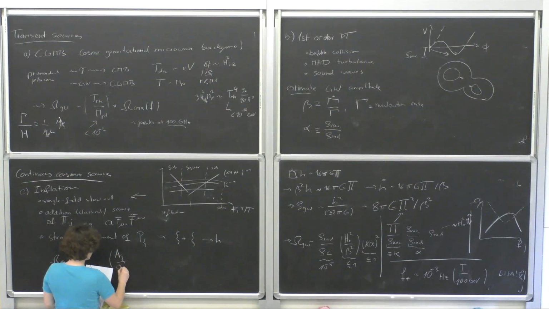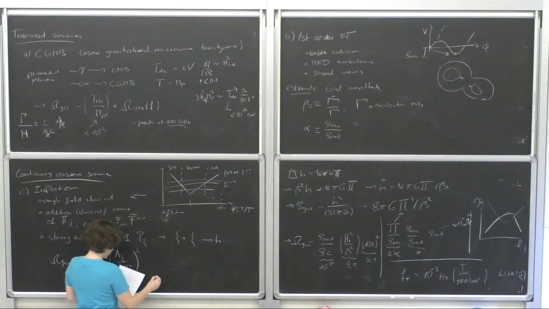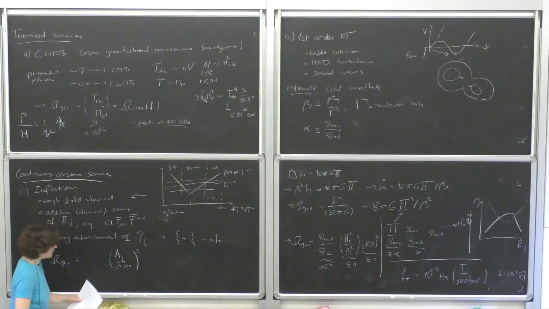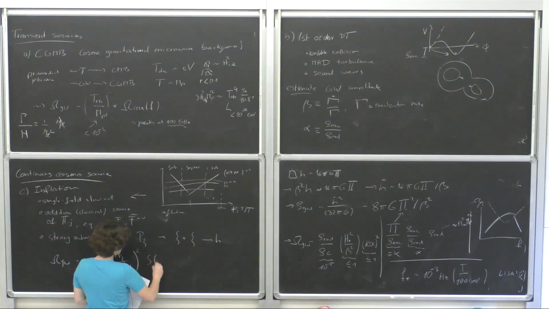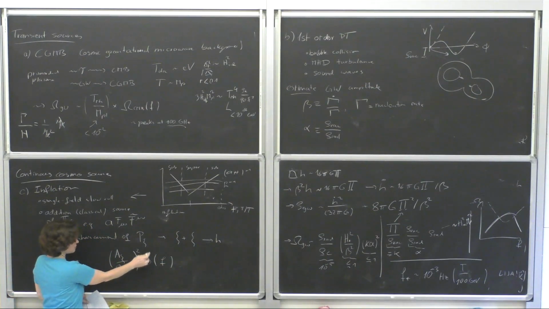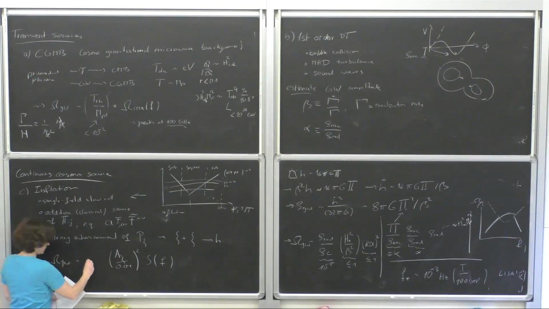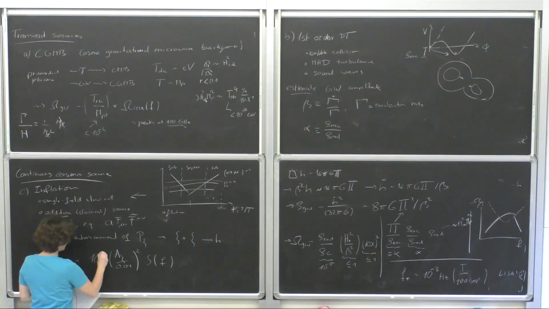So say you have an amplitude of 10 to minus 2, and you have some shape function which describes the shape of the scalar power spectrum, but is normalized to 1 at the peak. Then what you get is here roughly a factor 10 to minus 9.